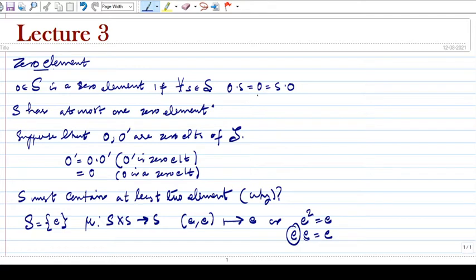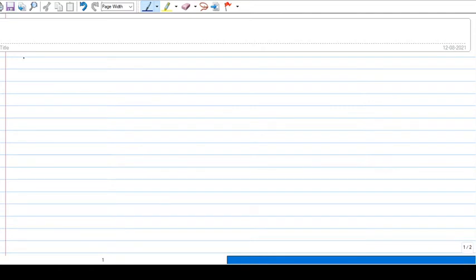Okay. So the next thing is, if a semigroup does not contain a zero element, then we can adjoin a zero element. So the next thing is, we are going to adjoin a zero element.